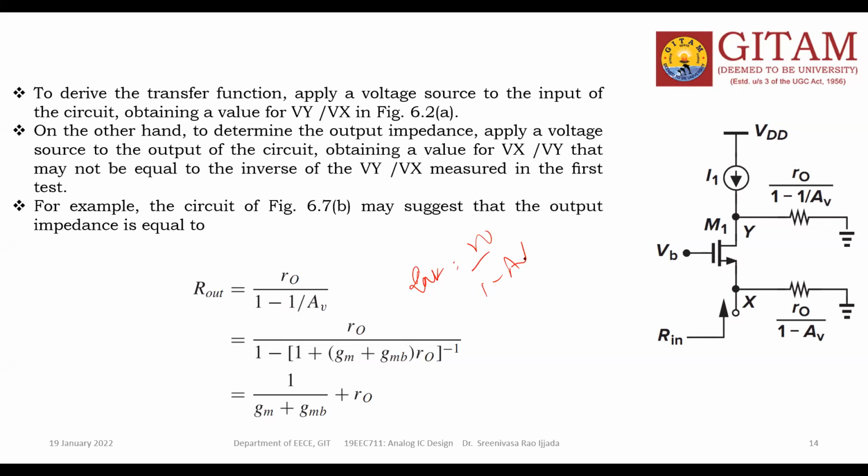In this equation, suppose Av value is greater than 1. What happened? This value becomes negative. So then I can say Rout is equal to minus R naught. This is the negative resistance. This is called the negative resistance.